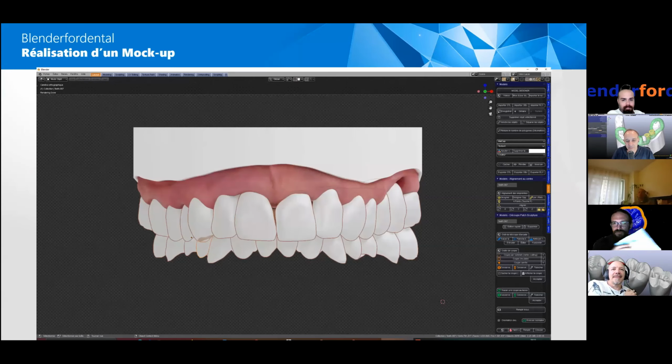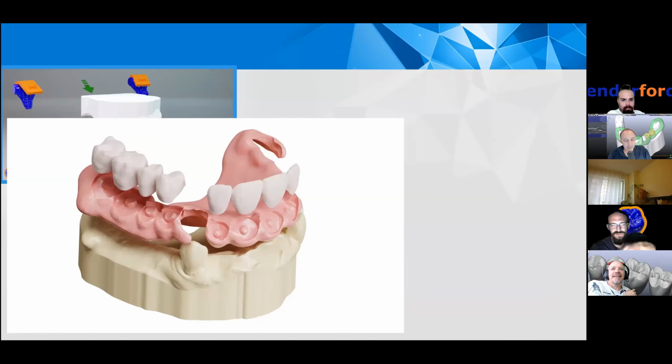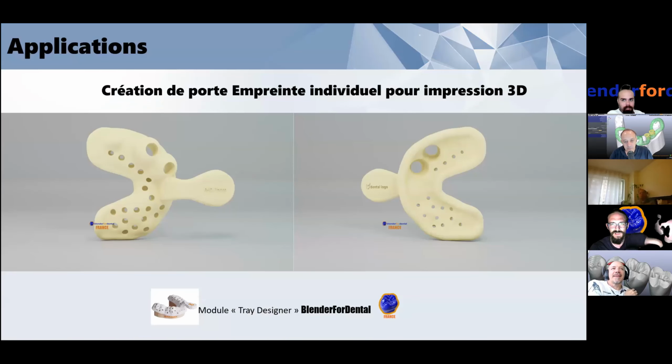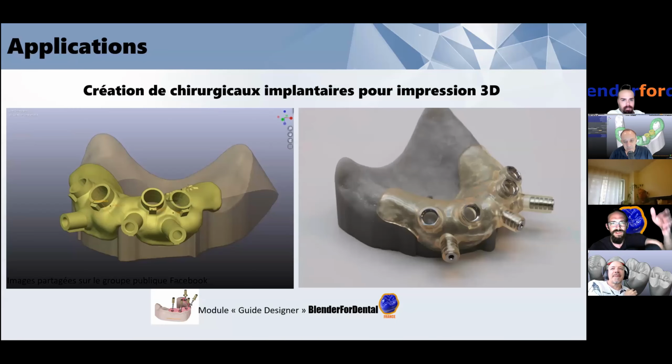Afterwards, I have printed this mock-up. I will do some nice photography tomorrow, and I use it with silicone index, you know, to put it into his mouth. I think I have some photography of the end result. After, I explain what we can do with other types of things like individual trays.